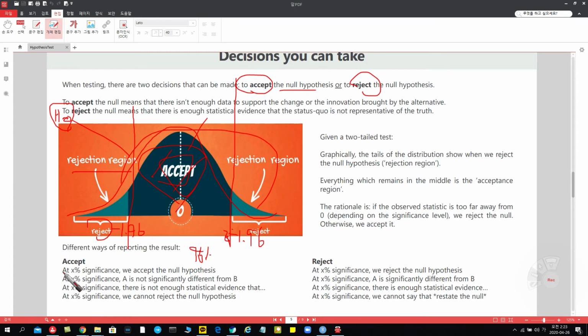At this significance level, we accept the null hypothesis here. But if the score of your data is here, we might reject the null hypothesis because this is a rejection region.